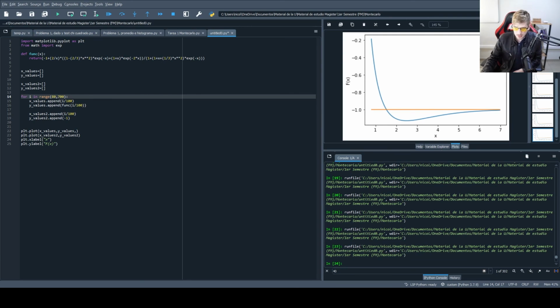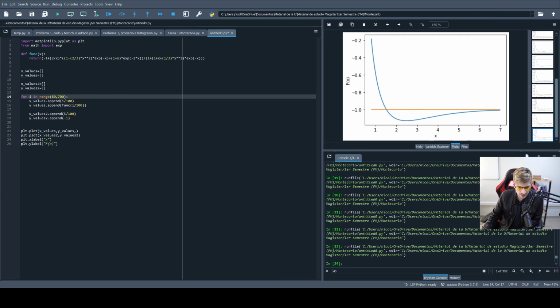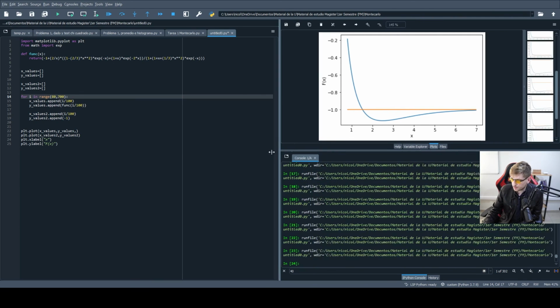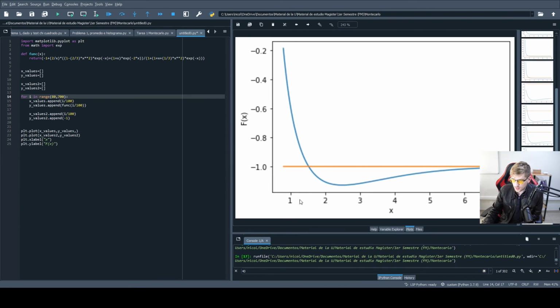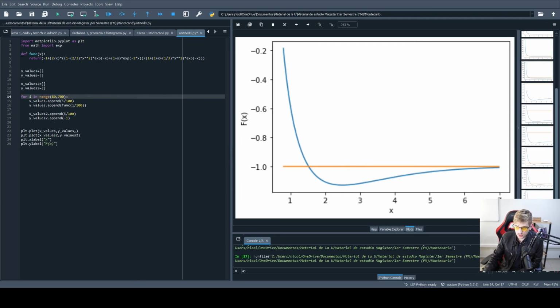So I made a quick code to be able to run this, to show you what the graph looks like. And this is what it looks like, okay? This right there. So as we can see, as x increases, and remember, x is r over a, the separation of the protons divided by the Bohr radius.